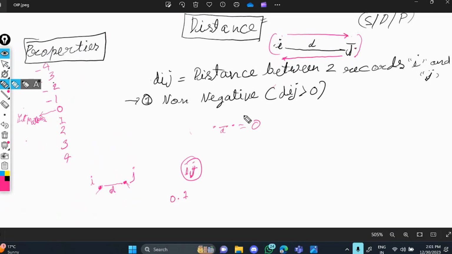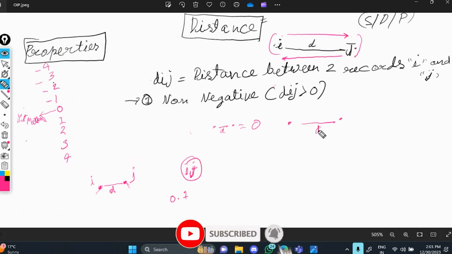And also why the name is non-negative. You are seeing here, when two points have some distance, it cannot be negative. If a person is sitting here and the next person is sitting on another chair, and we have to check the distance between them, can we say that the distance is minus 1.2 meters?